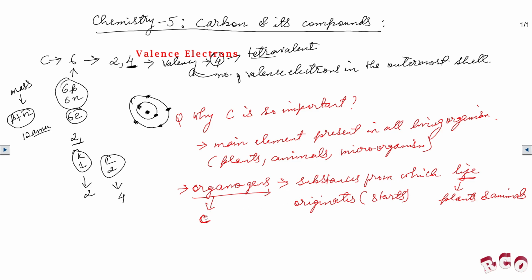There are basically four elements given as organogens: carbon, hydrogen, oxygen, and nitrogen. We can also pronounce it as CHON, so we can remember organogens are CHON. These are substances from which life originates, from which life starts.